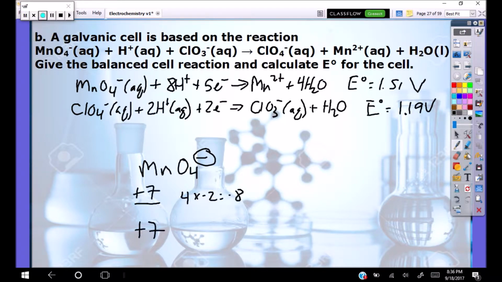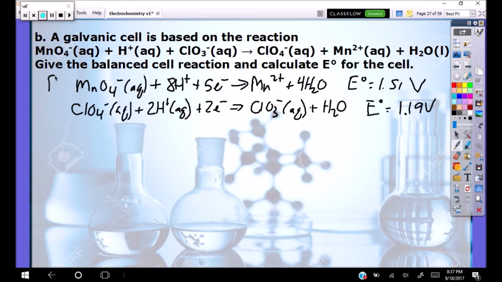We had +7 and a -8, we get our -1. So if we look at manganese from up here, it goes from +7 down to +2. It's really easy to see that manganese is being reduced here. Okay, so we can label that as our reduction step.